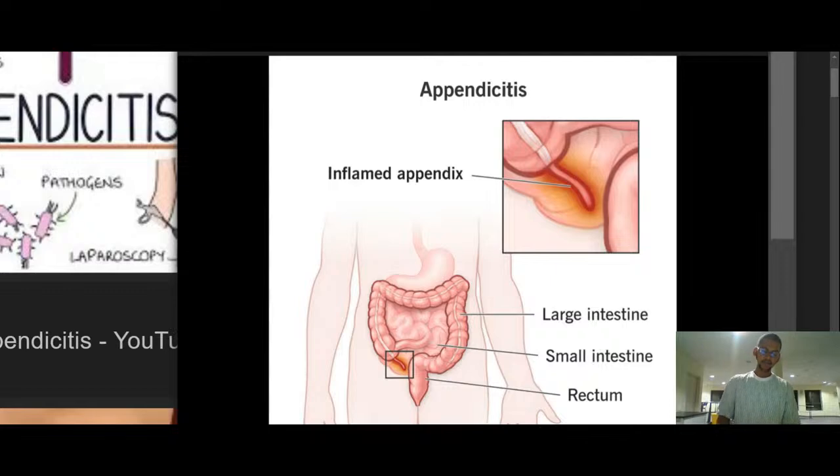The mucosa is similar to the large intestine, but the submucosa contains lymphoid tissue, which is more prominent in younger individuals. The blood supply to the appendix is the appendicular artery, which is a branch of the ileocolic artery. The venous drainage is through the appendicular vein into the superior mesenteric vein.